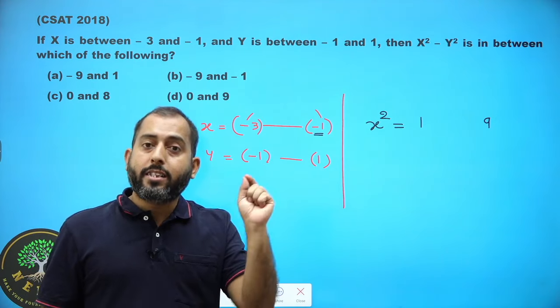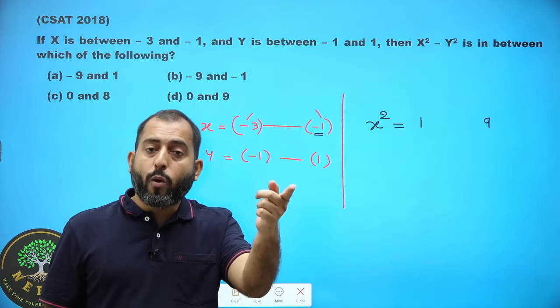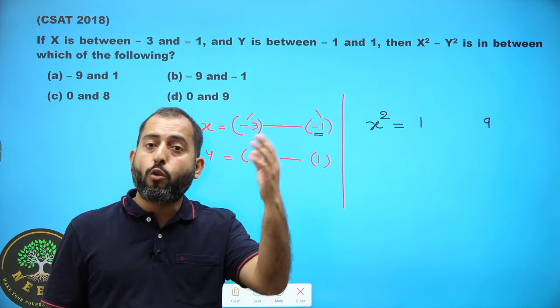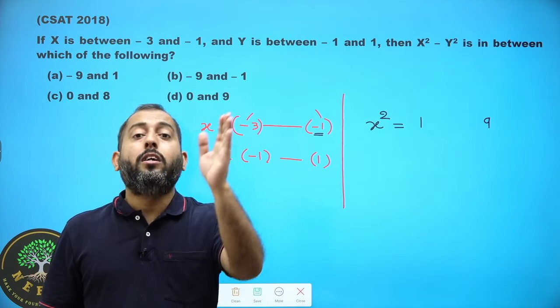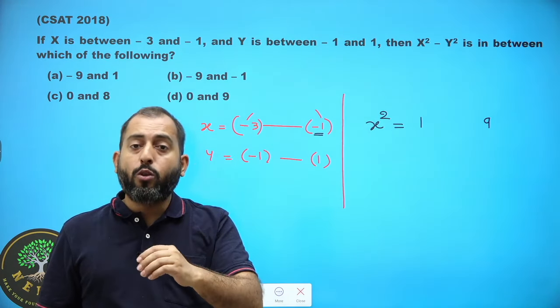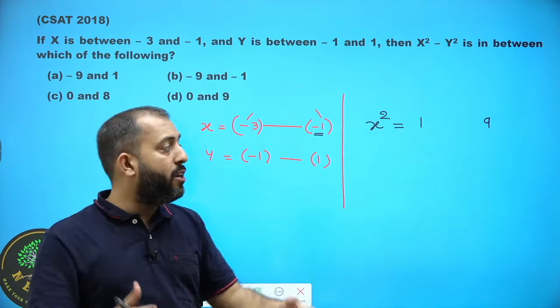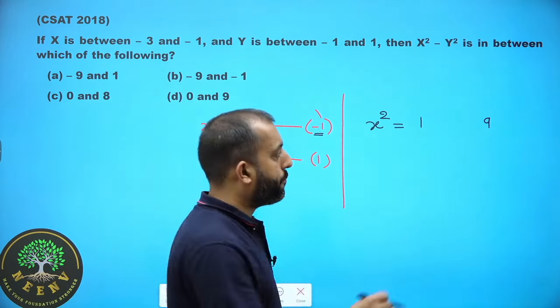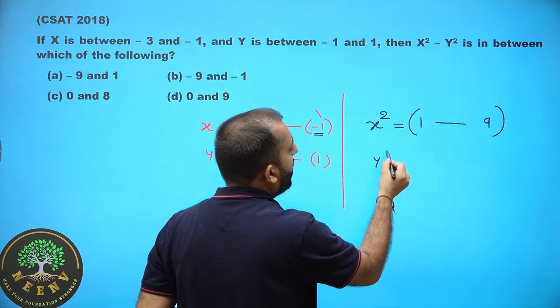x square can be equal to 1, 1.1, 1.2, 1.3, 1.4, 1.5, in this way 2, 2.1, 2.3, 3, 3.1, 3.2, and so on. So x square can take any value from 1 till 9. Similarly, y square.